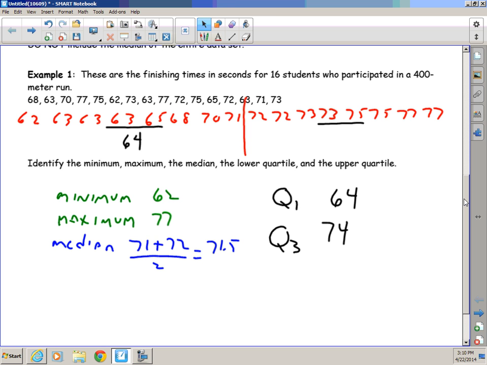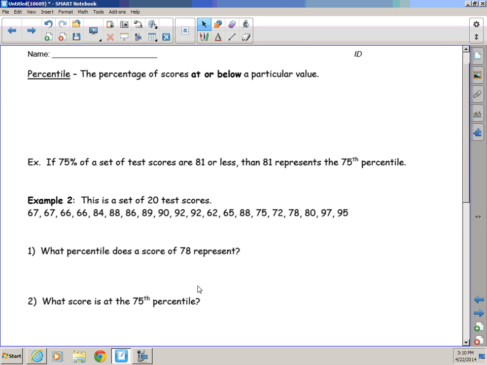Now, percentile, if there is any question on the Regents dealing with percentile, it will be very straightforward because, unfortunately, there are 2 accepted computations for percentiles.